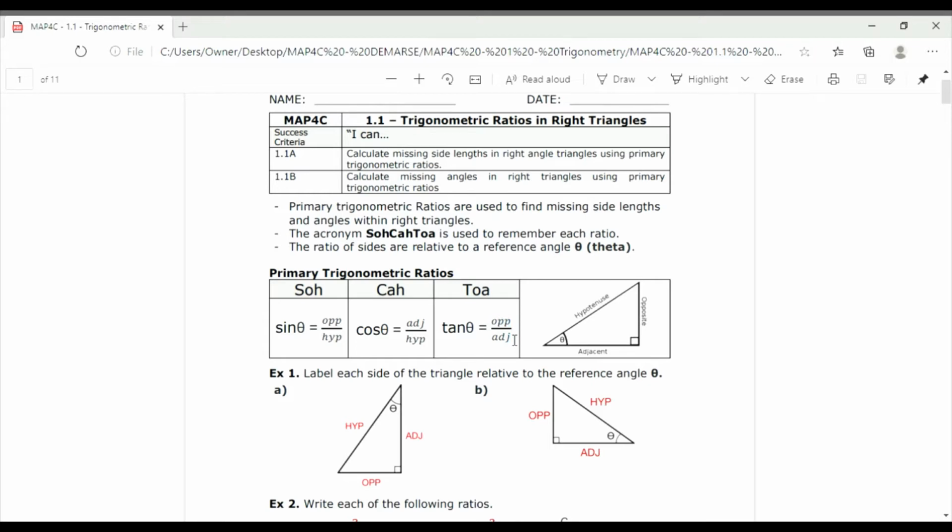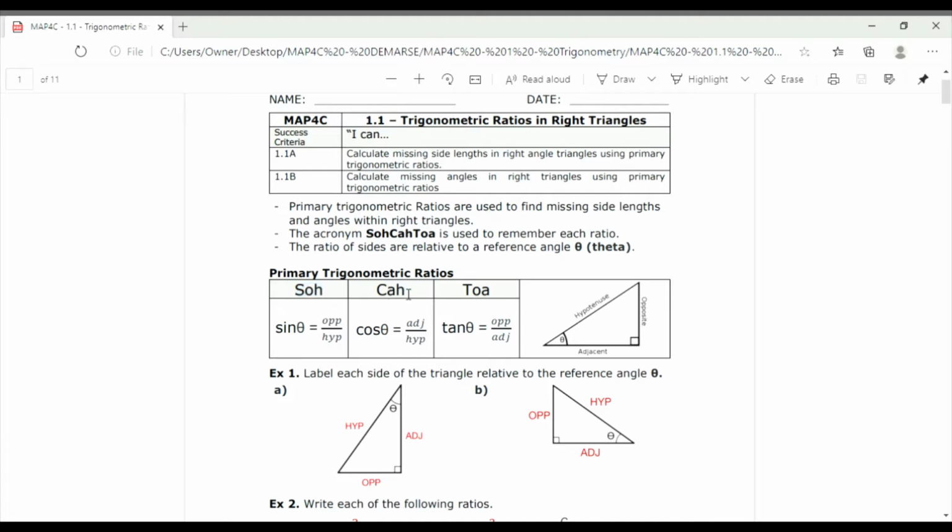Looking back at SOHCAHTOA, that acronym is used to help memorize these three formulas. Sine of theta is equal to opposite over hypotenuse. Look at the first letter in those three words. That's summarized by the SOH in SOHCAHTOA.